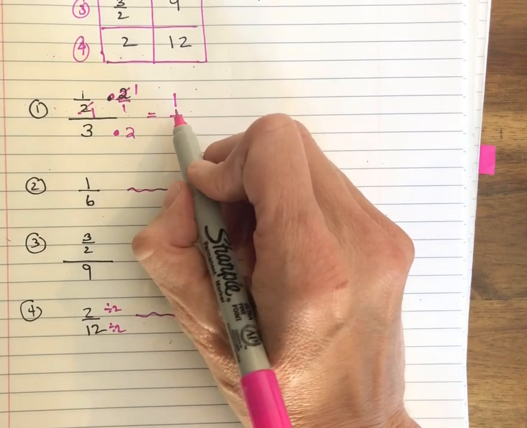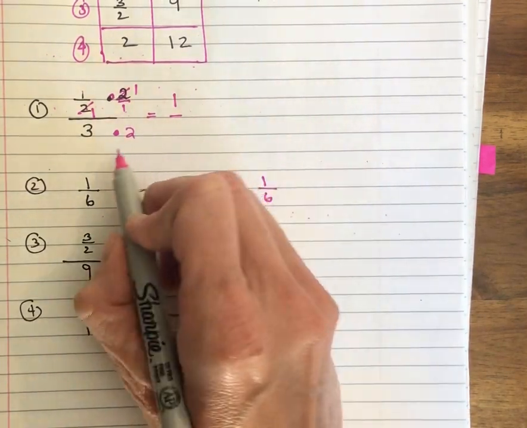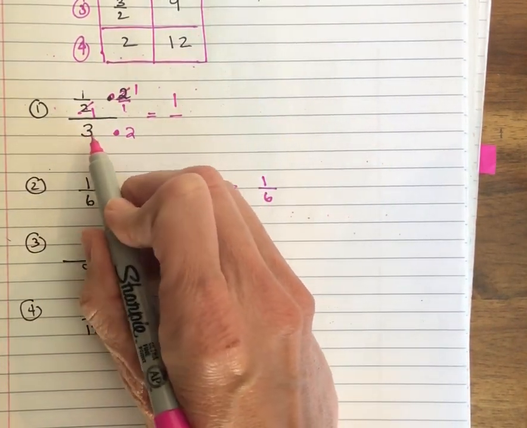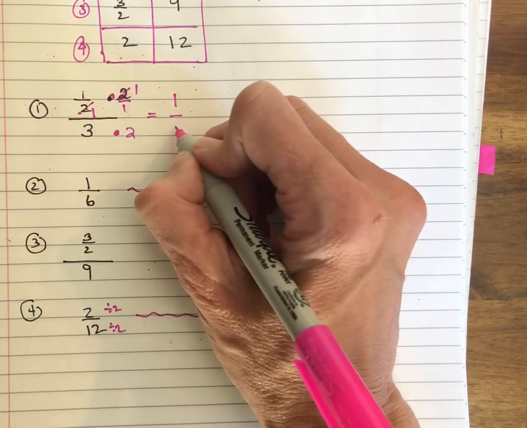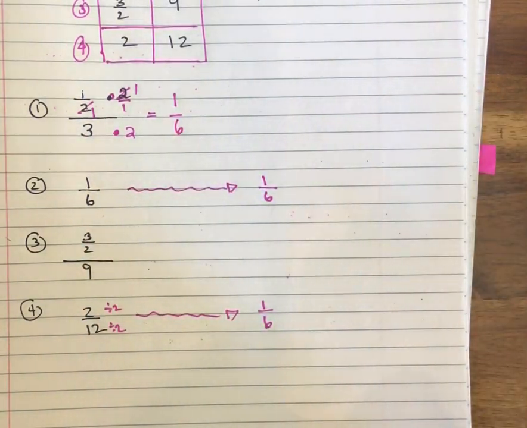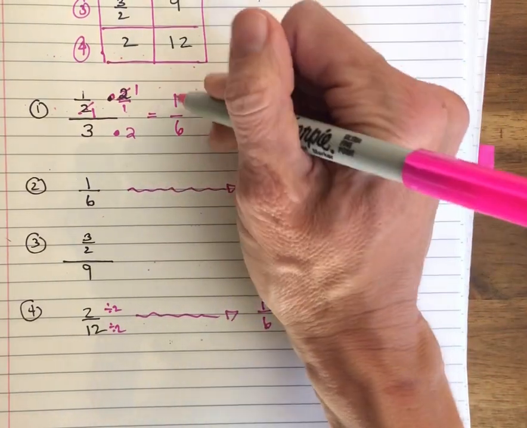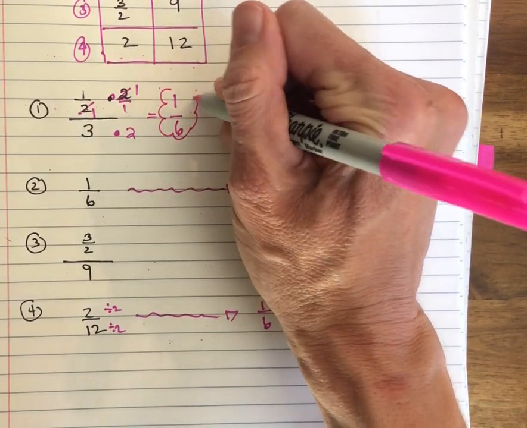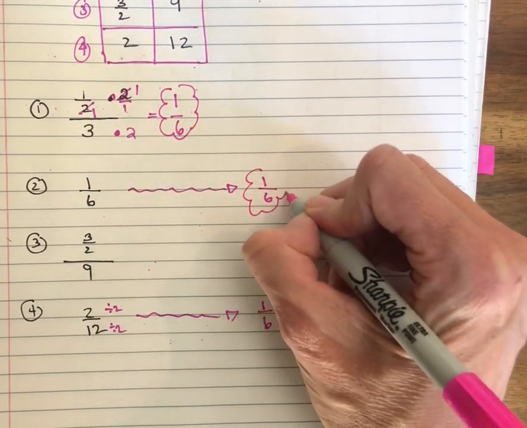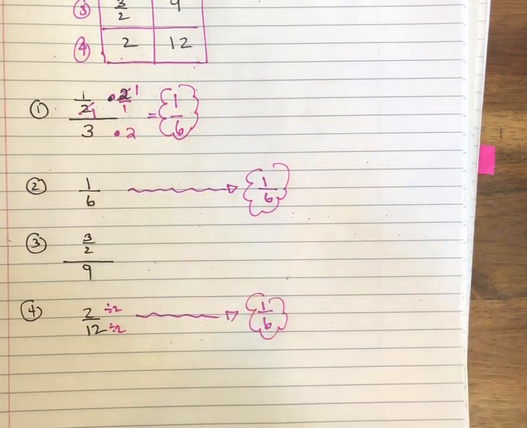So the numerator becomes a 1. Then we're going to look at the denominator. 3 times 2 is 6. So far, I have 1 over 6, 1 over 6, 1 over 6.